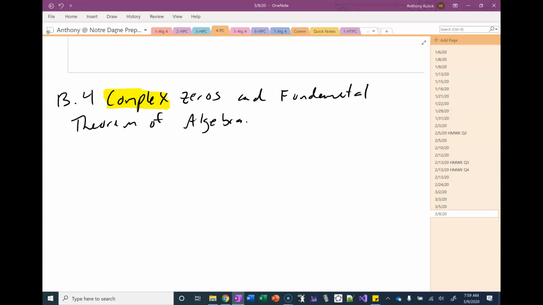We've used this term before in mathematics. So what we're referring to is a complex number, something in the form a plus bi. If you remember back to your algebra course from last year, we would have spoken quite a bit about these complex numbers.